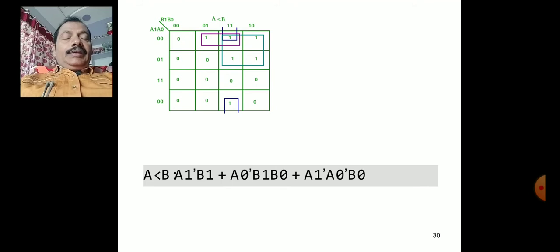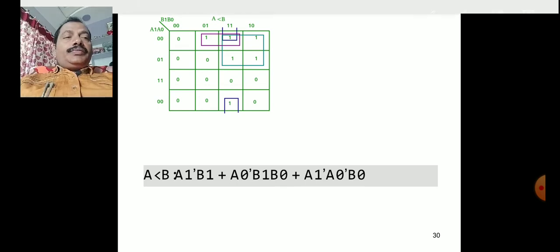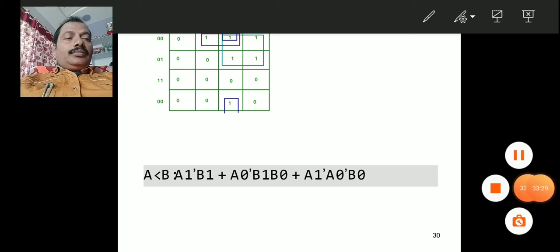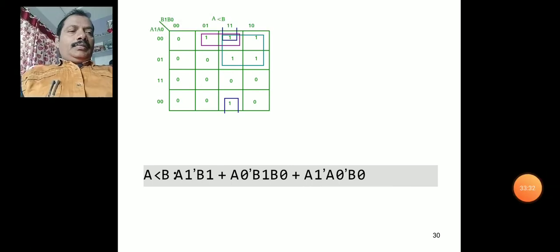Now let us see the A less than B output. For A less than B, we have a total of 6 minterms available.